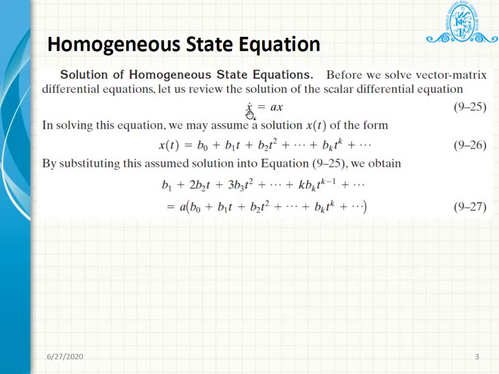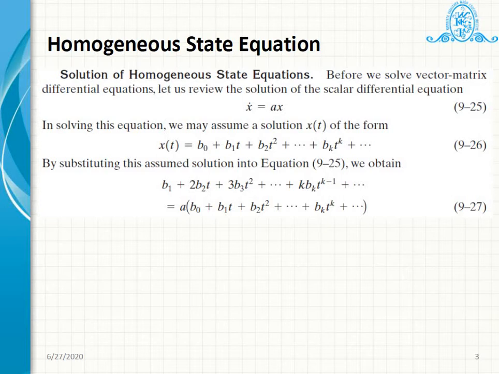When there is only one state, this a is going to be a scalar value, only one constant. So x dot is equal to ax is a scalar differential equation. But if I take a state vector from x1 to xn, then this small a will be capital A with matrix dimension n by n. That is called the matrix differential equation.